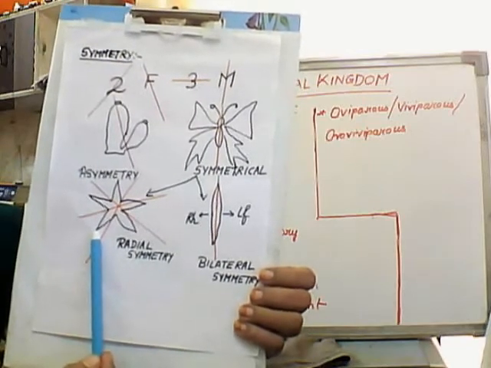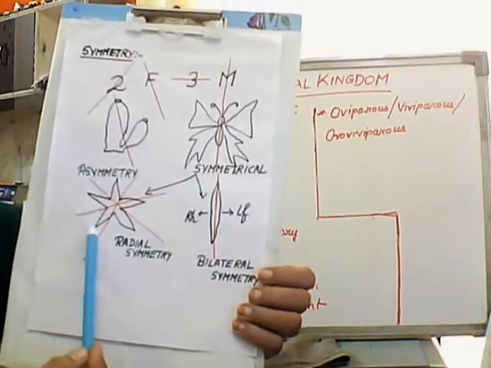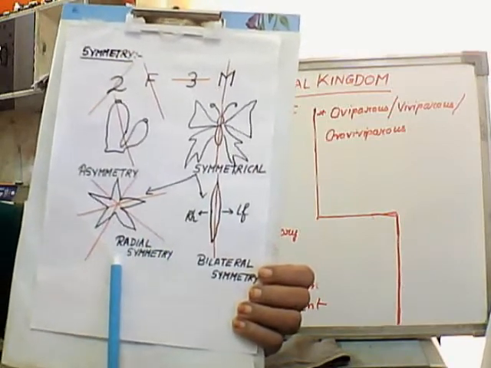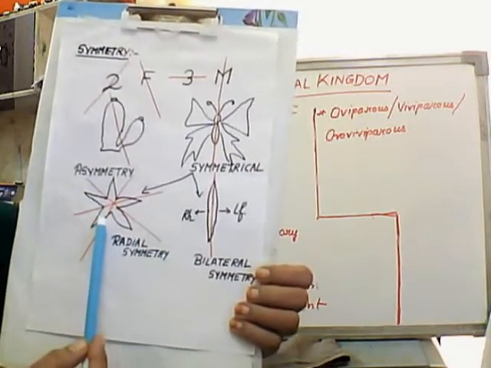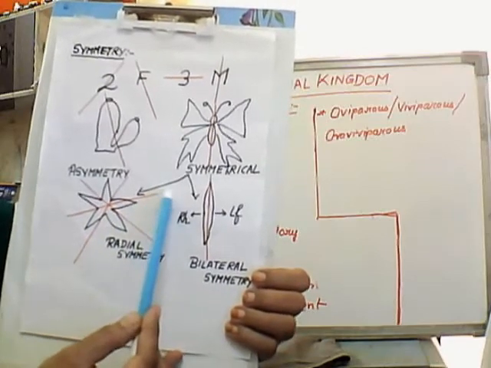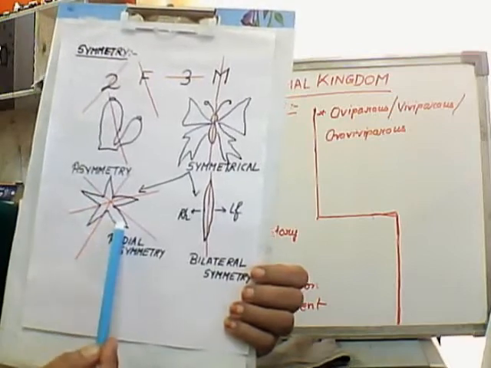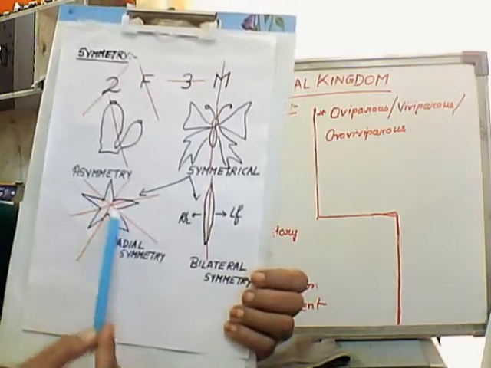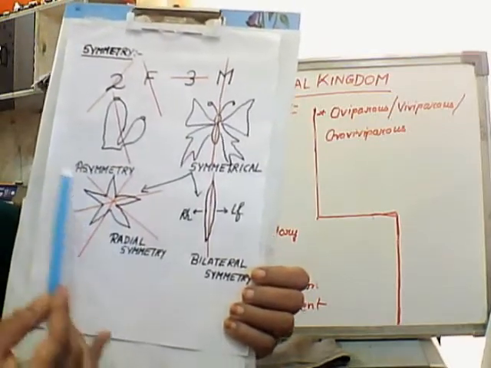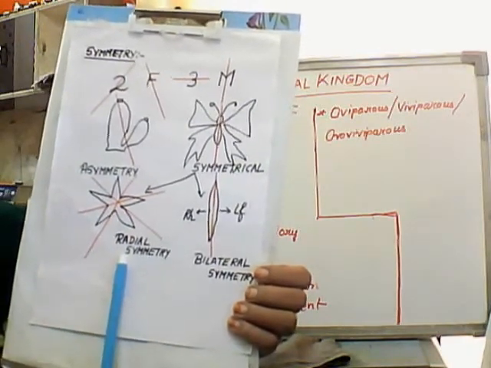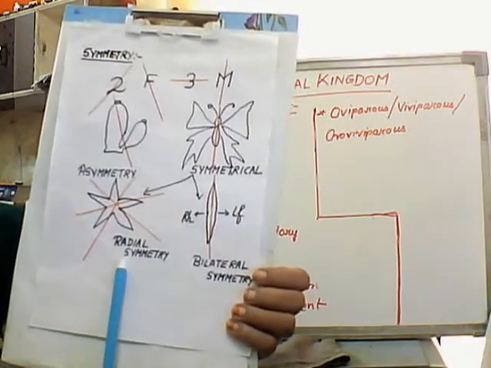One thing you have to remember: only in the adult stage are they radially symmetrical. So if you try to divide that animal from any plane, it can be divided into two equal halves. Such an organism is said to be radially symmetrical or to show radial symmetry.